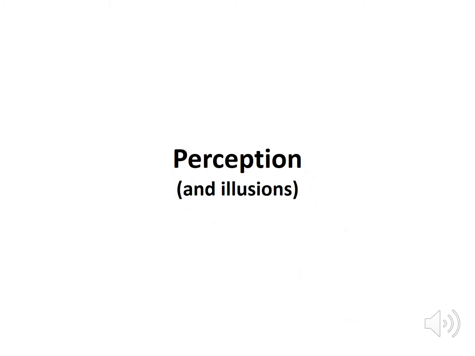So up to this point, we have seen the processes involved in sensation, and we have seen how the brain processes these sensations and creates perceptions out of them. But now perception is interesting also from a different point of view, and that's perceptual illusions.